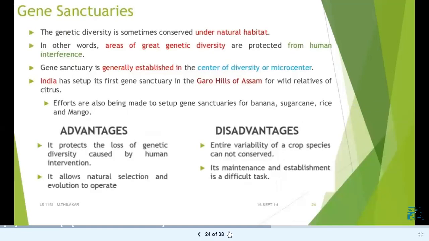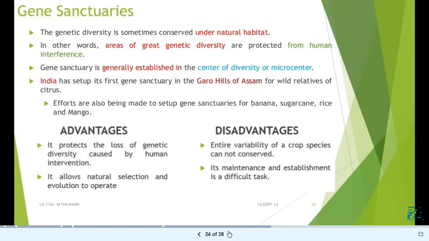Of gene sanctuaries. The genetic diversity is sometimes conserved under natural habitat. In other words, areas of great genetic diversity are protected from human interference. A gene sanctuary is generally established in the center of diversity or microcenter.